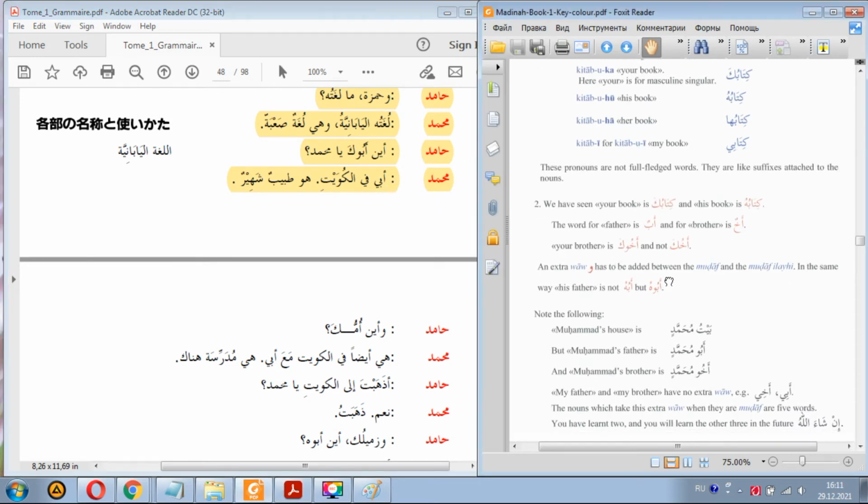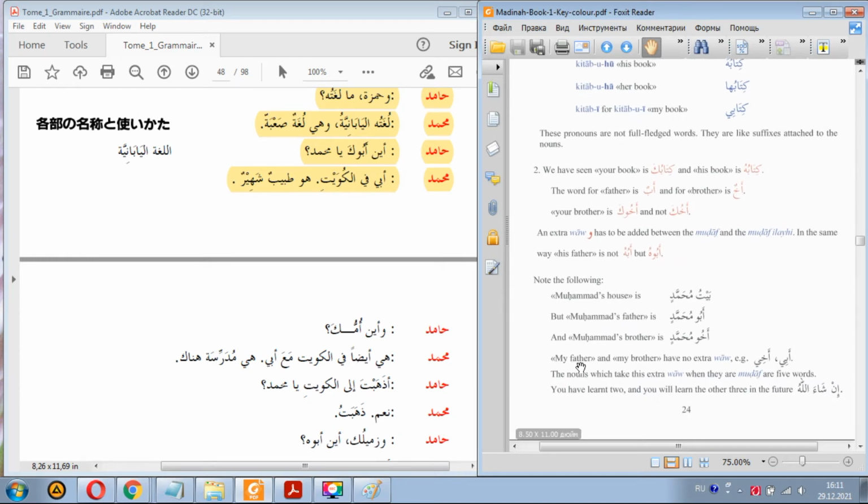Well, because there is an exception. My father and my brother have no extra waw if we use the possessive pronoun ya. You see, if we use the possessive pronoun ka, it's added, abuka, abuhu. But when we use the possessive pronoun ya, it's not added, abi, akhi. That's how it is, and therefore this waw is not added in this sentence. Abi fil Kuwaiti huwa tabibun shahir.